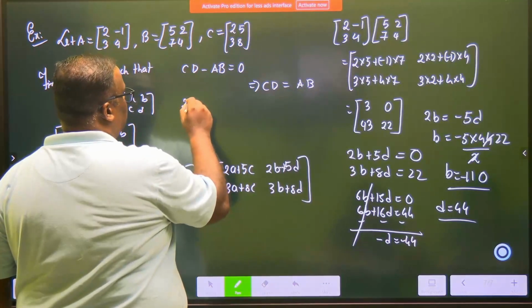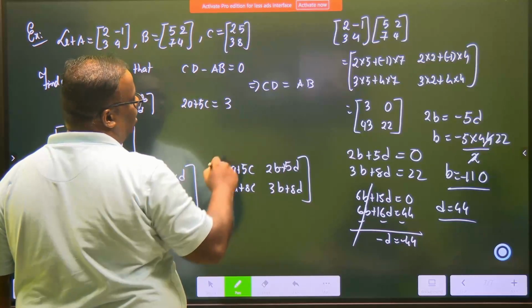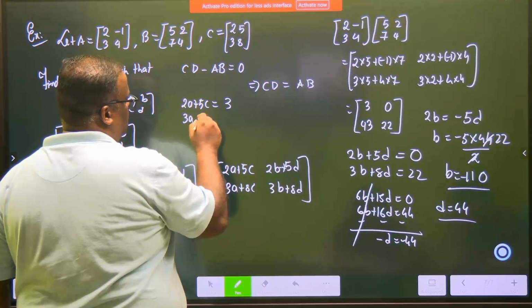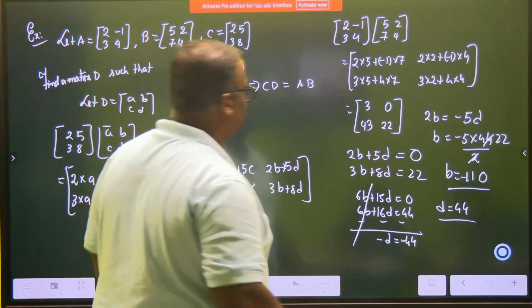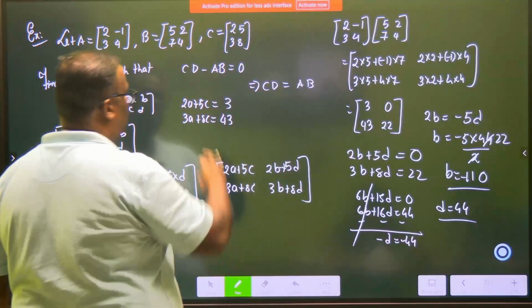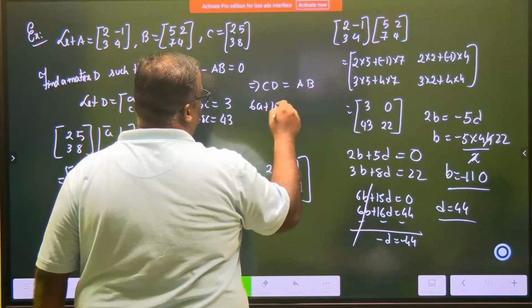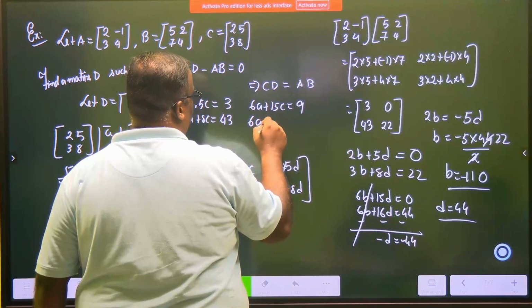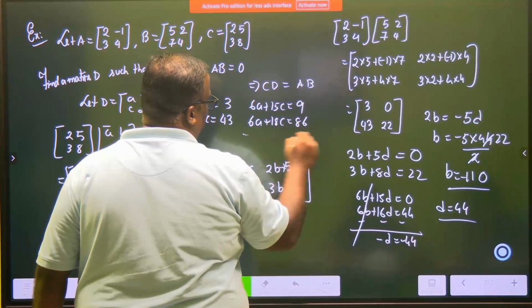Then 2a plus 5c is equal to 3, and 3a plus 8c is equal to 43. So multiply this with 3. This becomes 6a plus 15c is equal to 9. Multiply this with 2. 6a plus 16c is equal to 86. Subtract.